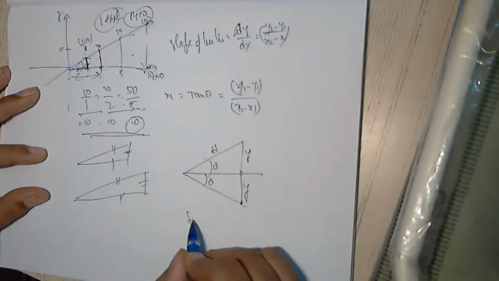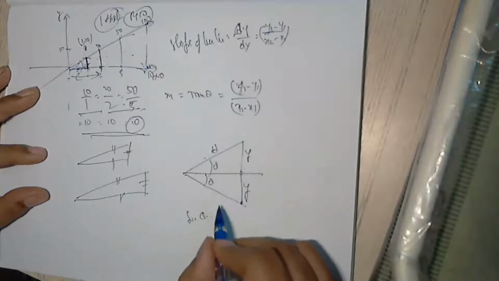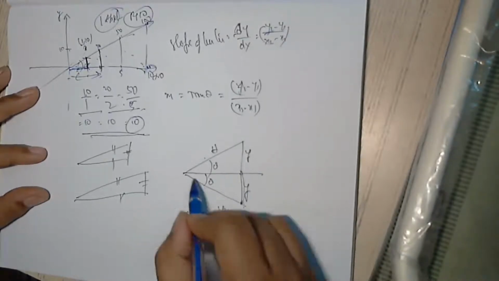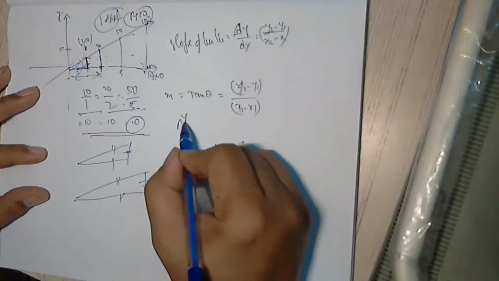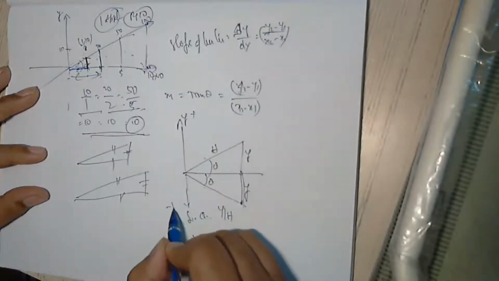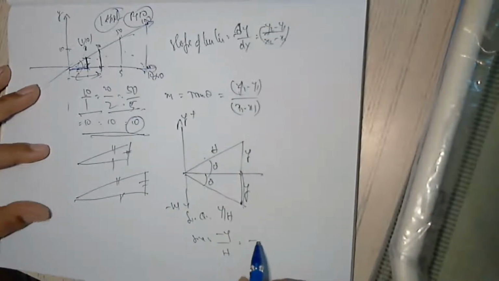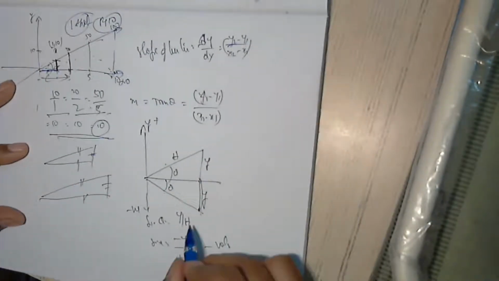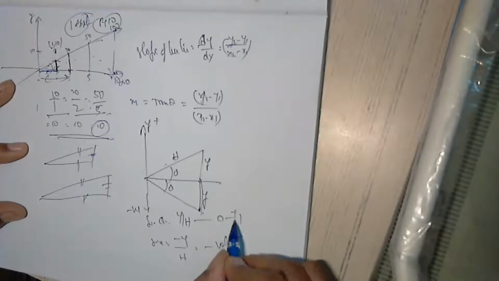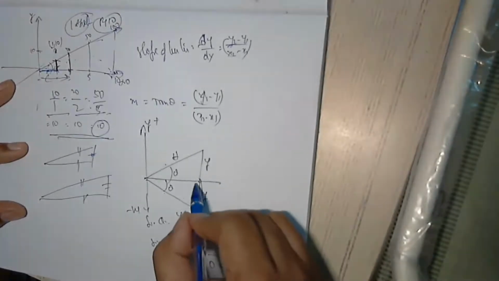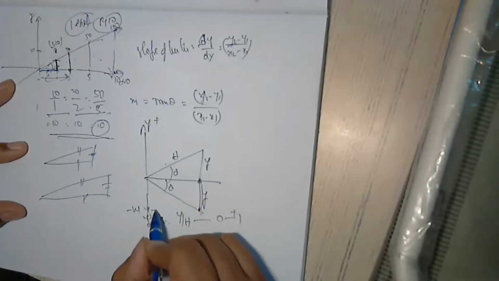But this sine theta is equal to y by h. This sine theta is equal to minus y by h, because on the y axis, this is the positive side and this is the negative side. So it is a minus value. So this value lies between 0 to plus 1. This value lies between 0 to minus 1. So here it is 0, it goes to here, it is minus 1.